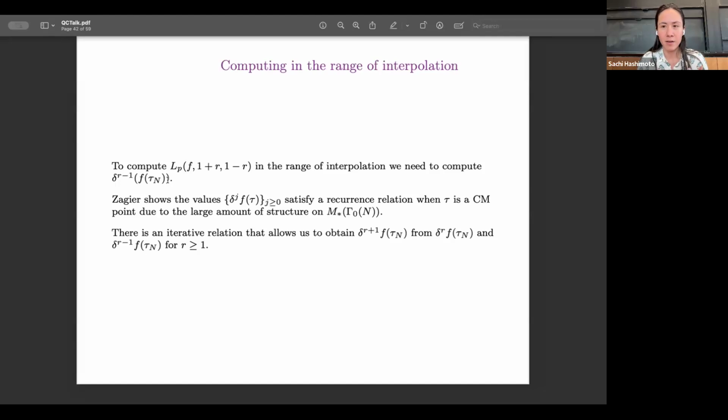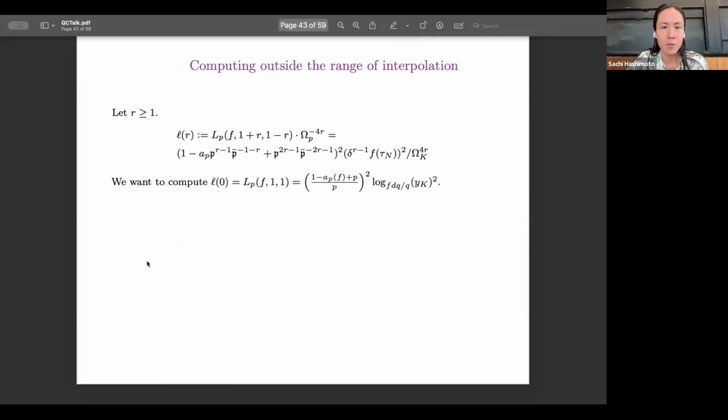And so I did show you these values, but how did I actually do this? Well, what happens is that these actually satisfy some recurrence relation due to some large amount of structure on the ring of modular forms for gamma naught of n. And there's some kind of Fibonacci-like iterative relation that allows you to obtain the r+1 value from the r value and the r-1 value. So that's a really interesting thing I recommend looking into, but I don't have enough time to talk about that.